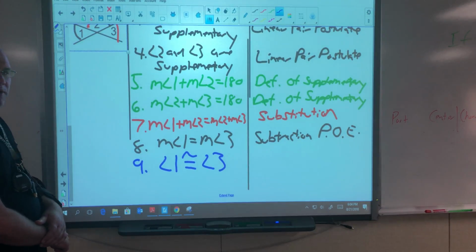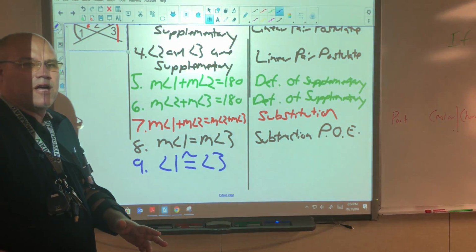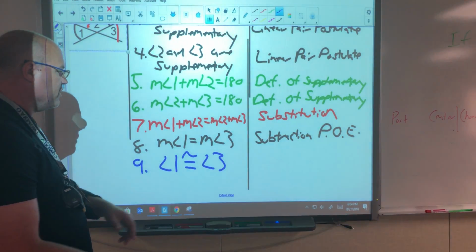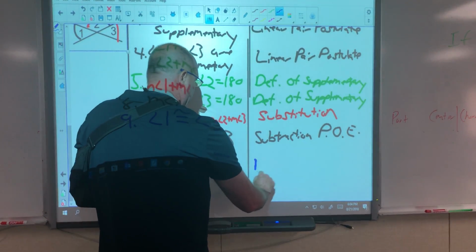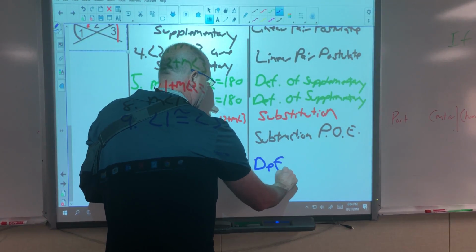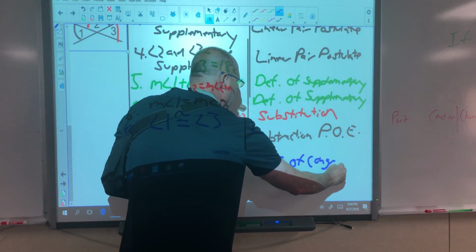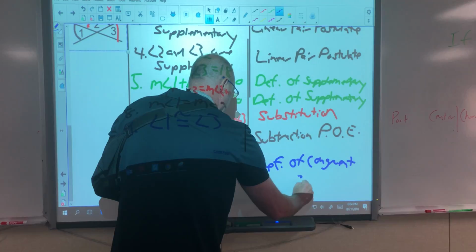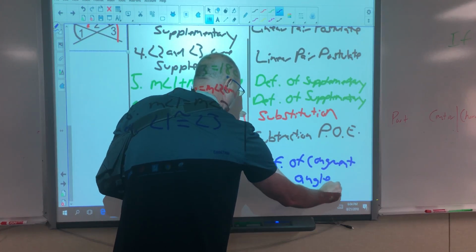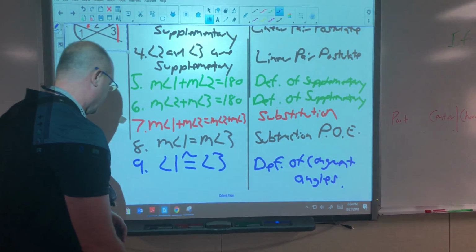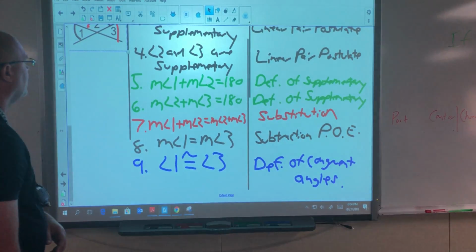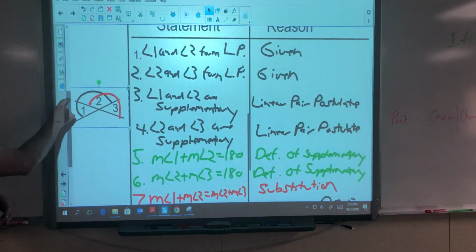Any angles of the same measure are congruent. That's just the definition of congruent angles. That's it. So we've done the proof.